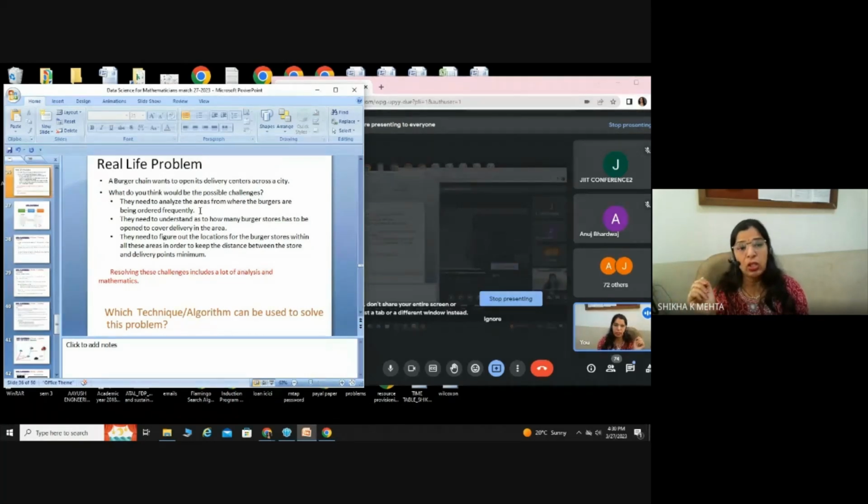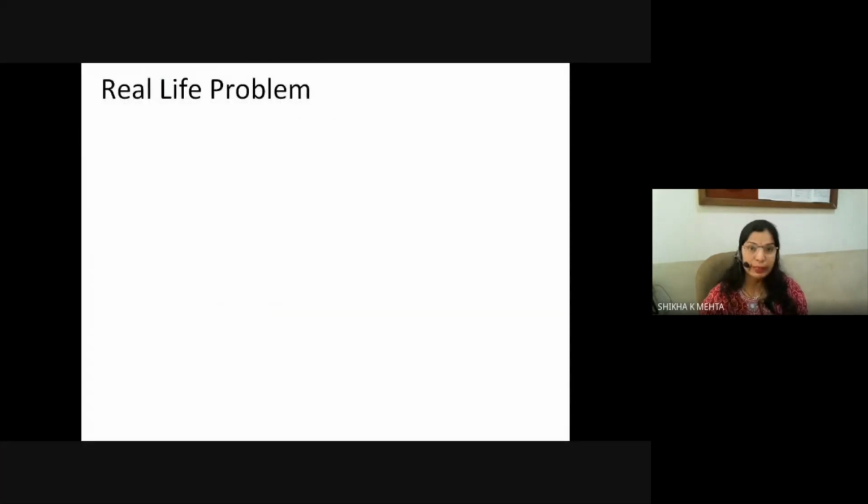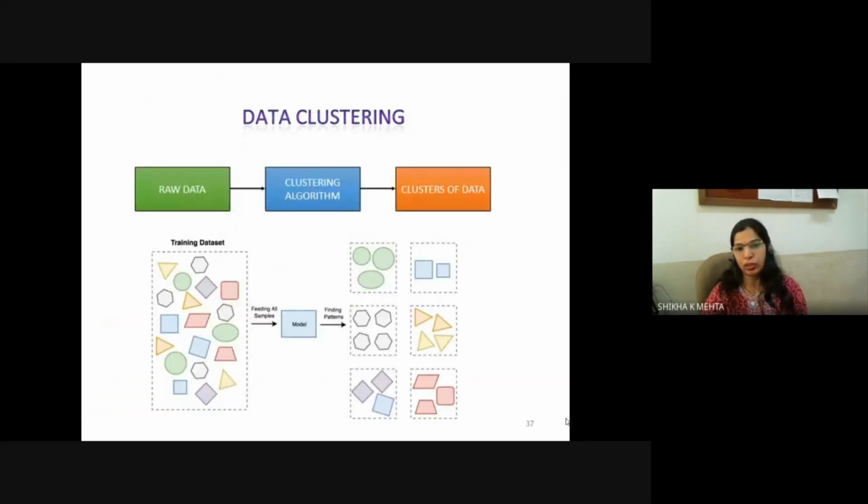So they will use the data of this particular location in order to identify the centers. So what they can do is solve this problem using clustering. That is the data clustering algorithms.